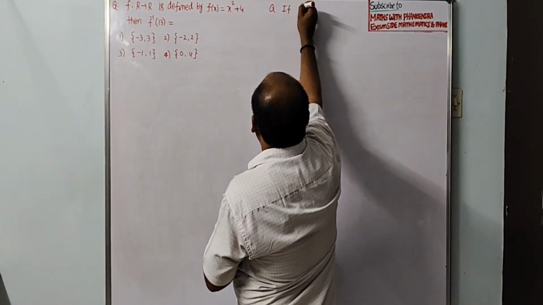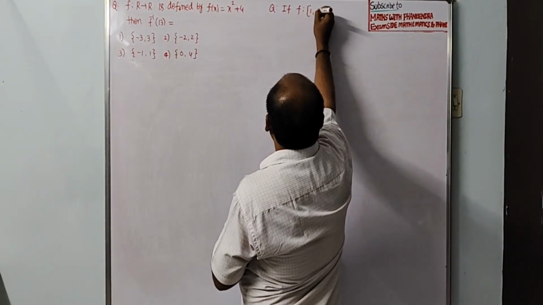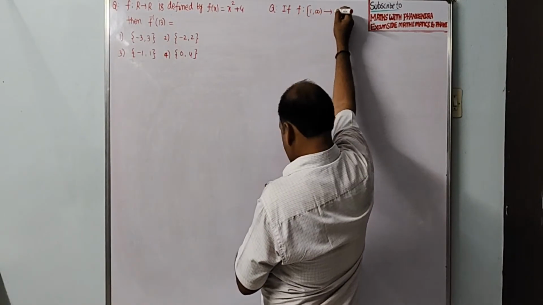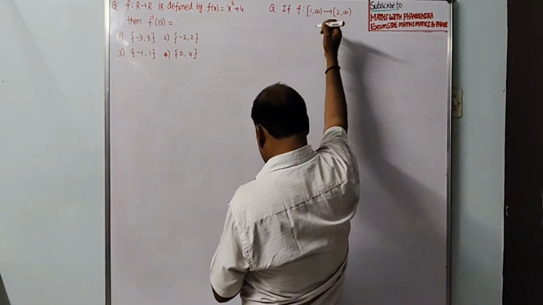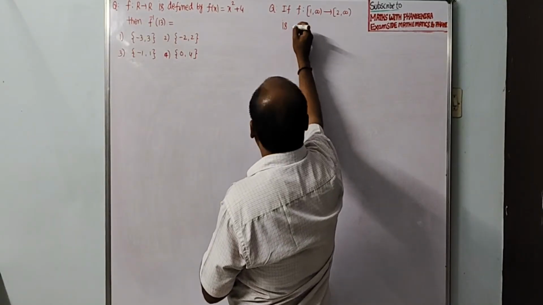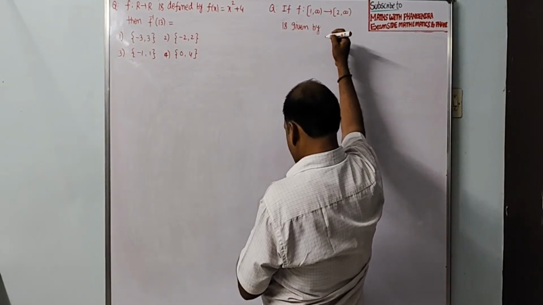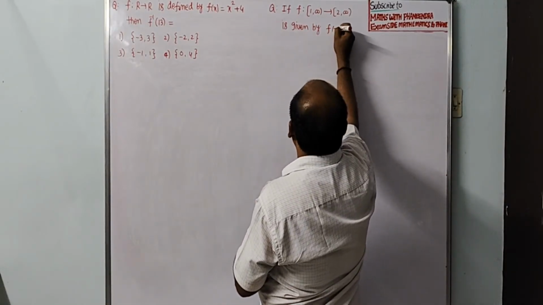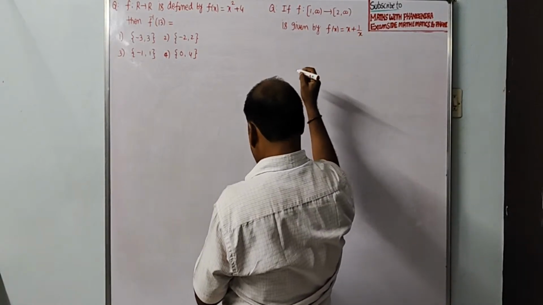If f is defined from closed 1 to infinity to closed 2 to infinity, this is domain, this is codomain, range, is given by f of x equal to x plus 1 by x.